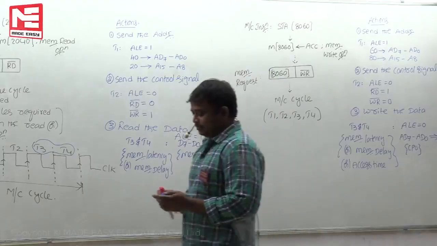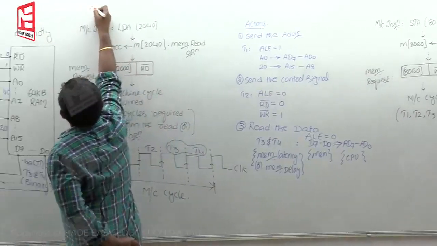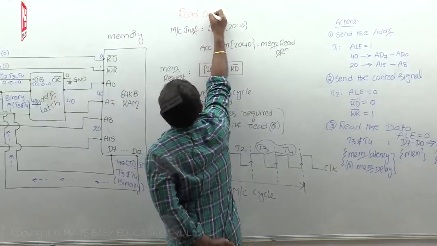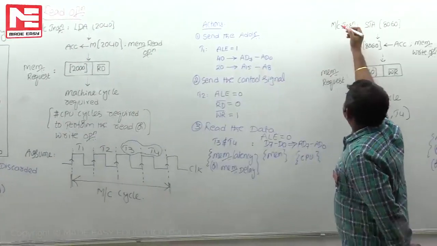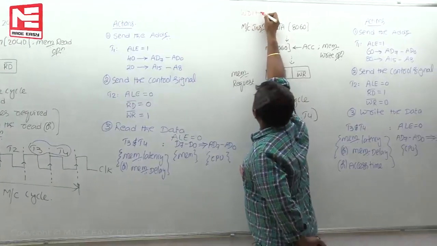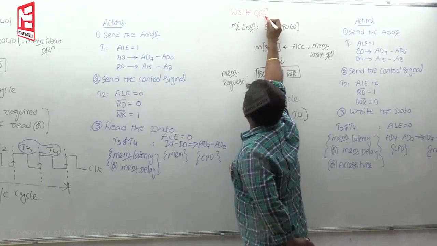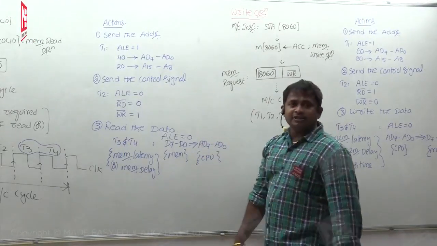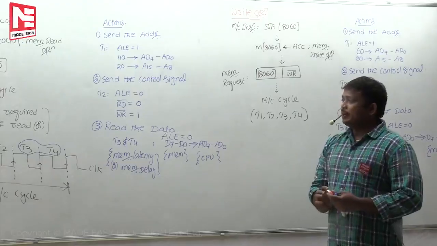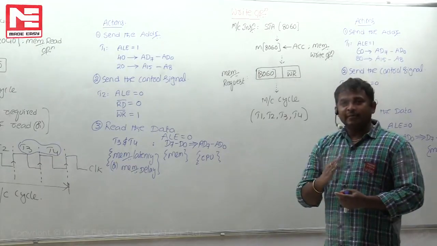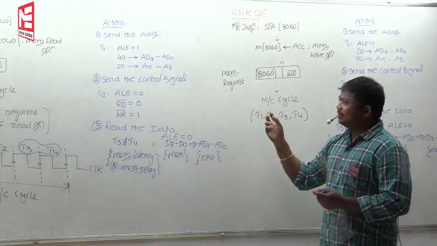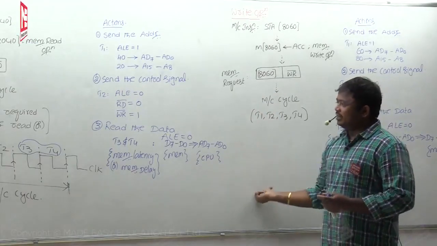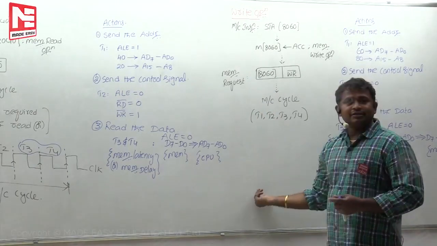This is read action, read operation. And this is write operation. Memory read, memory write. Two operations are there. With respect to the memory body, read the data from memory, write the data into memory. So two actions are completed by using these kind of actions.